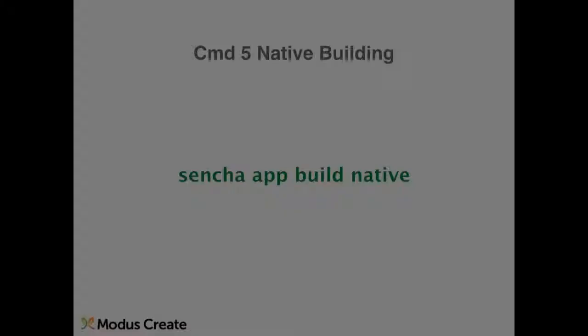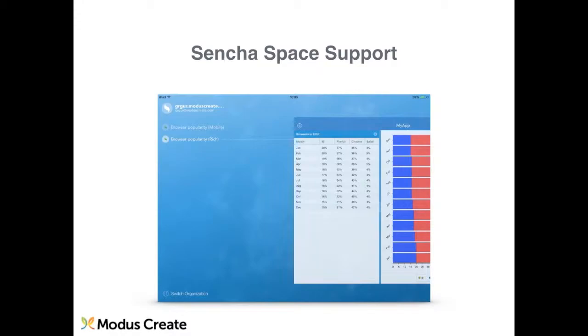Okay, let's go back to our native building. Another option, and this is an excellent option for all of you building enterprise applications: most of you are probably going to be interested in something with a more enterprise mindset, which usually means security.